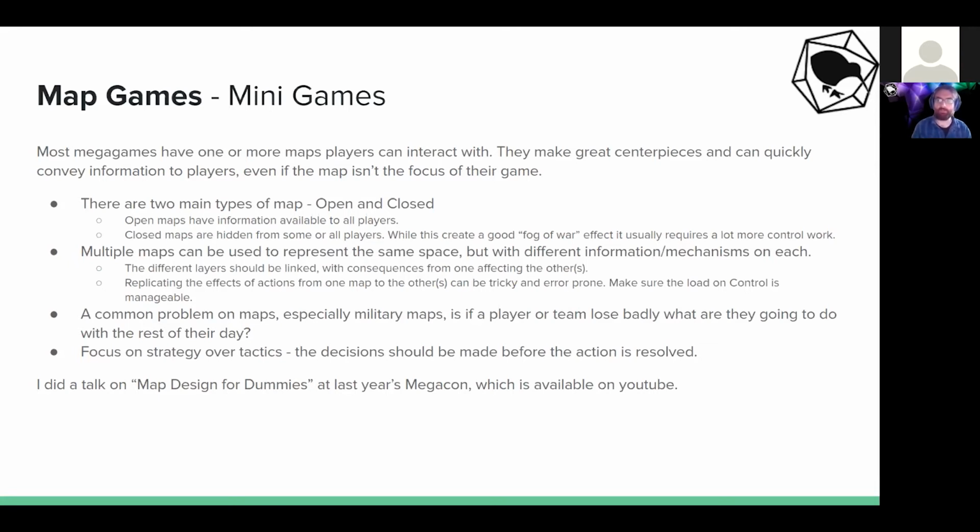If there aren't any effects from one map to another map, you're probably doing it wrong, because it's a mega game and everything should be linked in some way. But yes, it does stop maps from being crowded with information. It does stop maps from being crowded with players. And it can restrict the information and that sort of thing. But you just have to be careful with the amount of time it takes for control to update things.